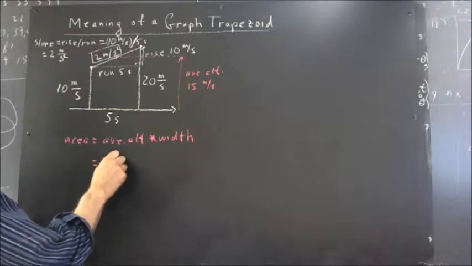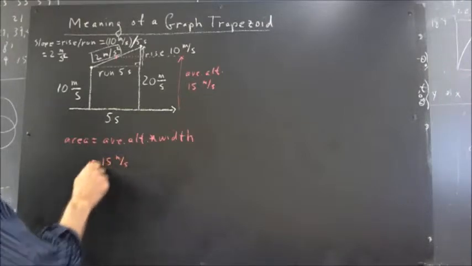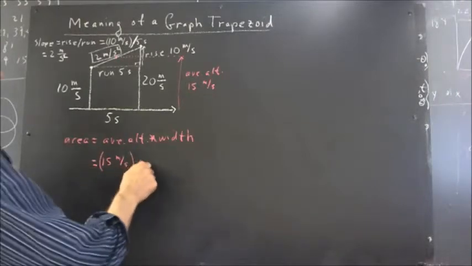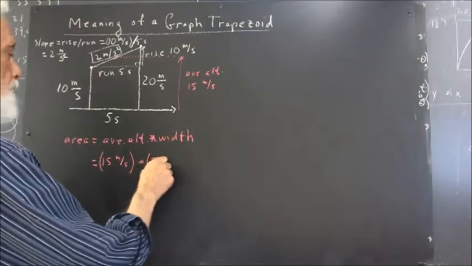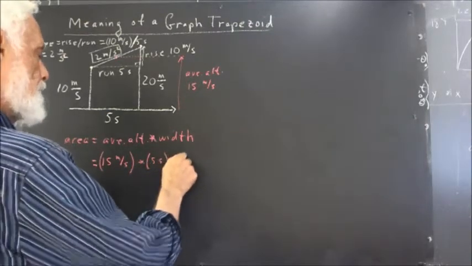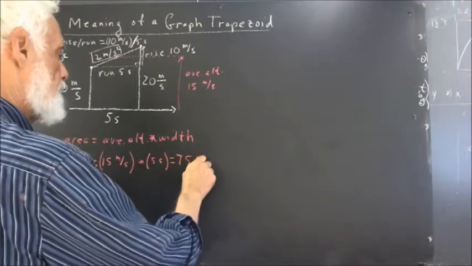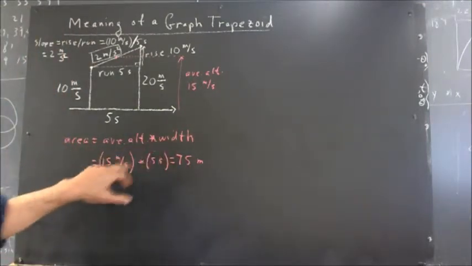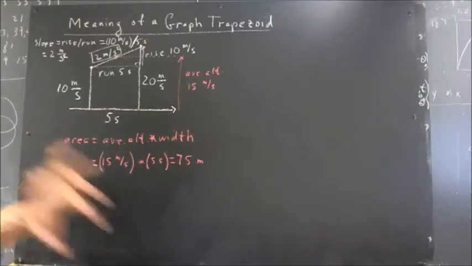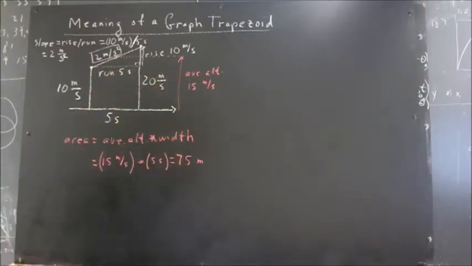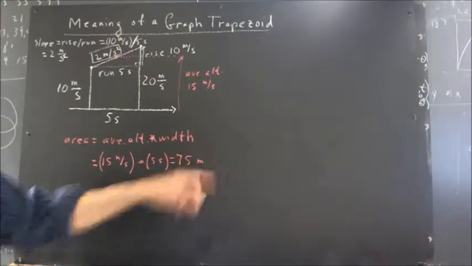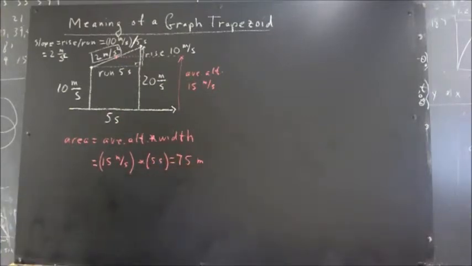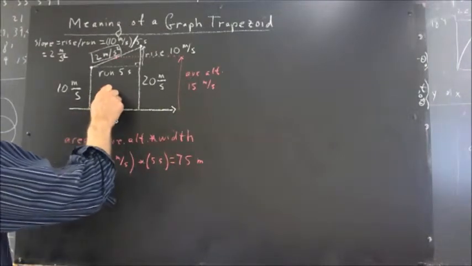So now we have 15 meters per second multiplied by 5 seconds. That comes out 75 meters. Ultimately, this is because second divided by second is a unit, and when you multiply a unit by 75 meters, nothing happens. You still get 75 meters. So the area is 75 meters.